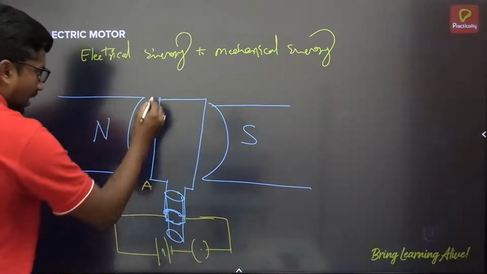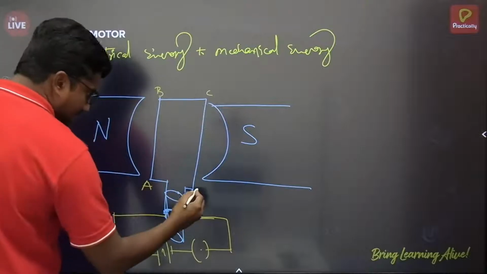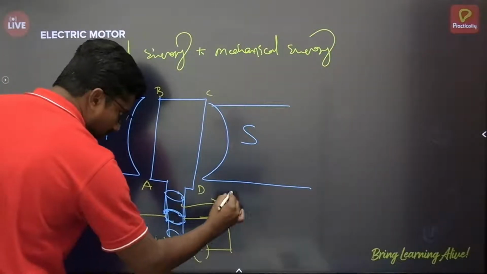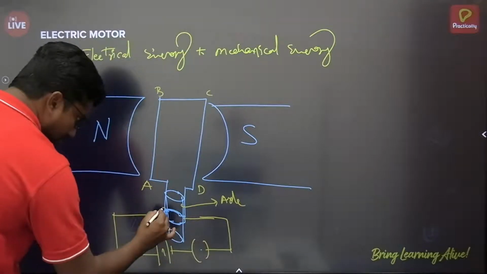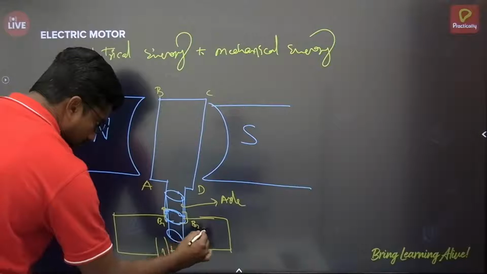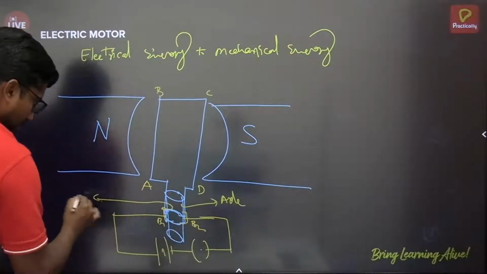Name this coil as ABCD. This is the axle rod. Here brushes you can find B1, B2, and these are split rings.